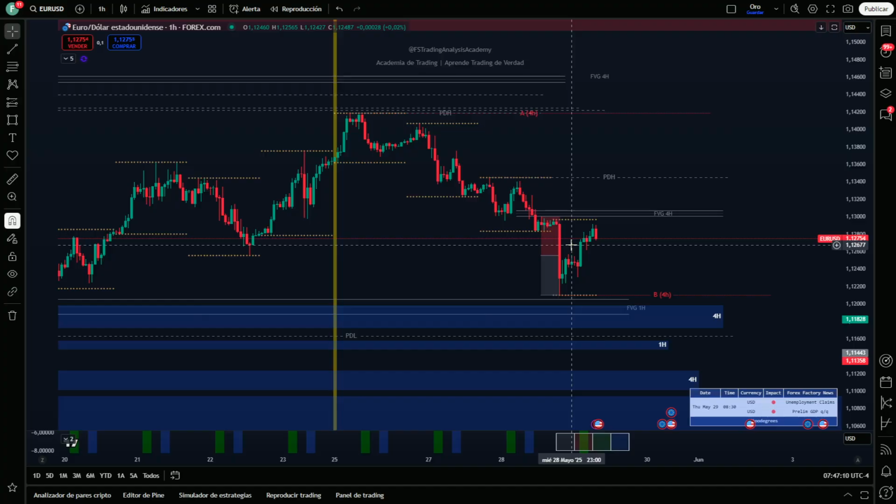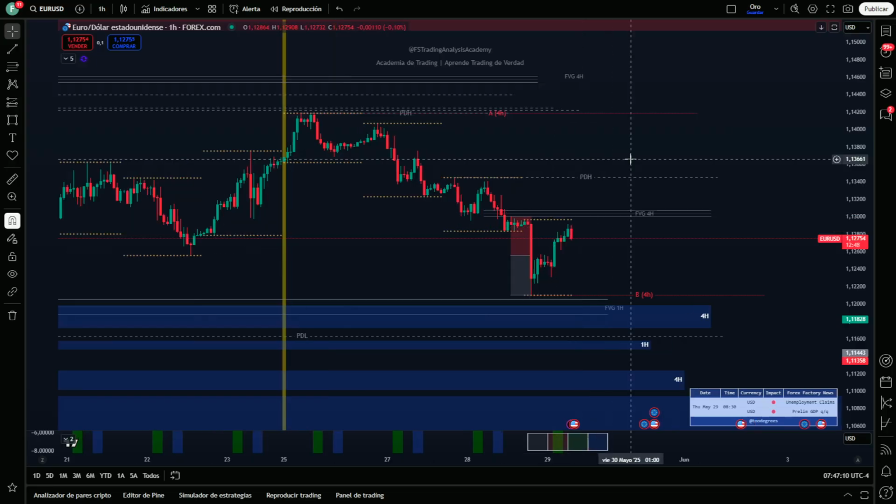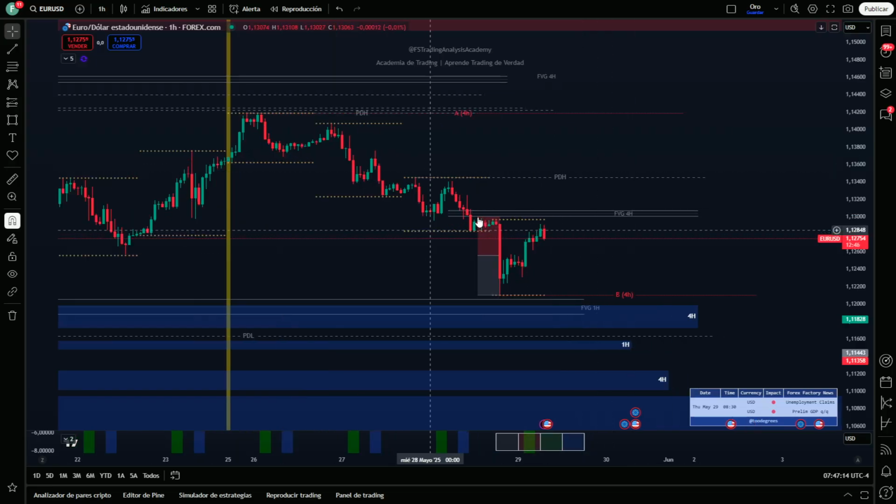So, right now, we are still within a bearish structure. Therefore, on the daily time frame, we're bearish. On the 4-hour time frame, we're also bearish. On the 1-hour chart, we're still bearish.